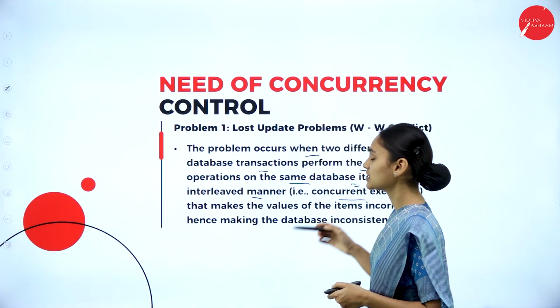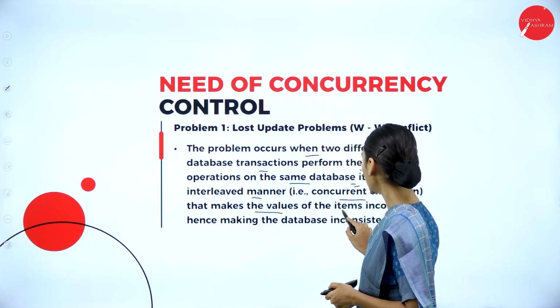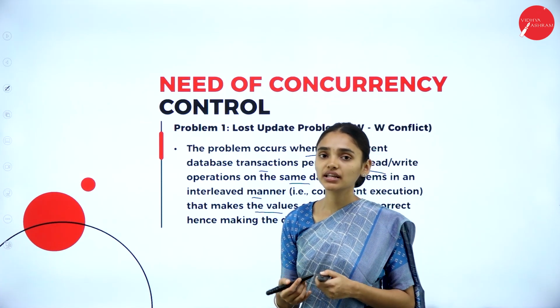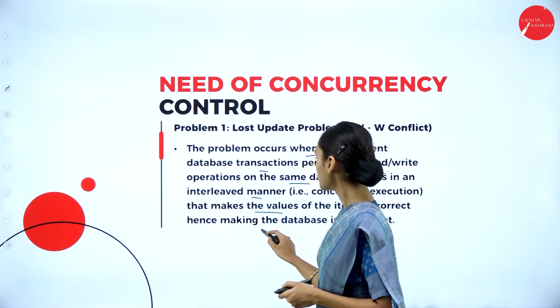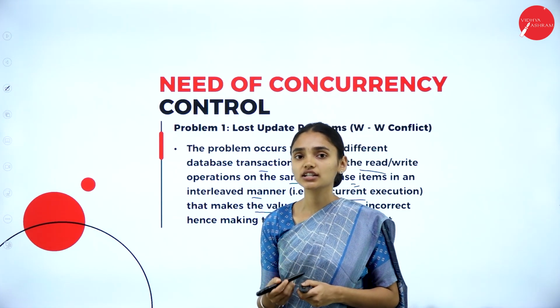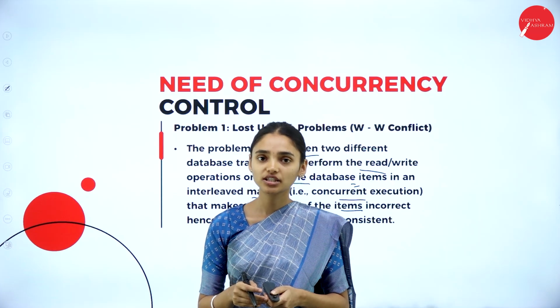Concurrent execution means performing simultaneously, and that makes the value of the item incorrect, hence making the database inconsistent. While performing a concurrent operation, that makes the value incorrect, and that leads to the lost update problem.